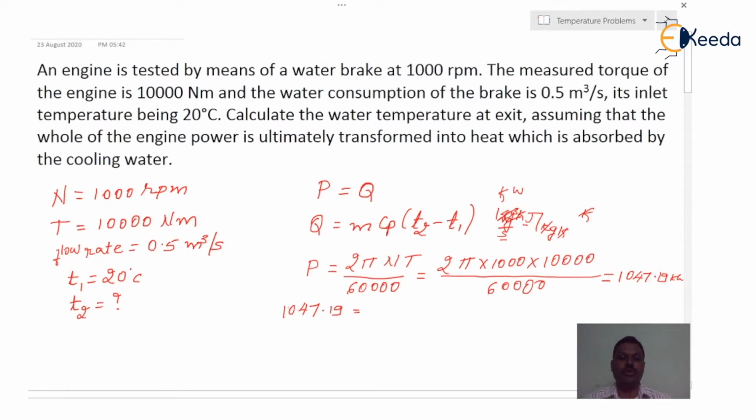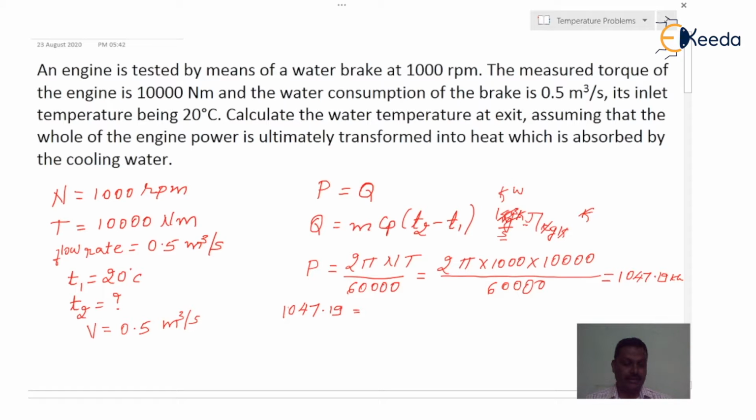So to have this mass flow rate from volume flow rate, it is simply like this. Here volume flow rate V, let us take it as 0.5 meter cube per second.